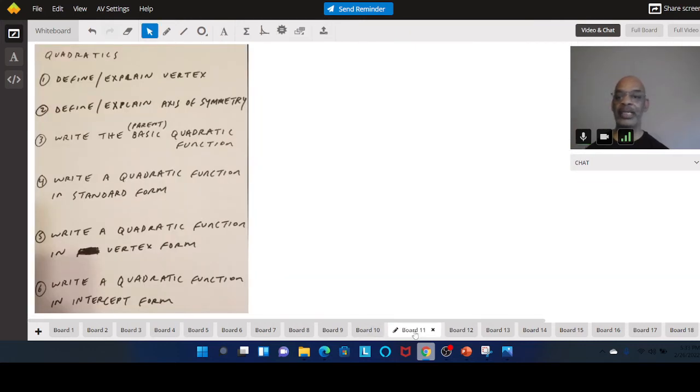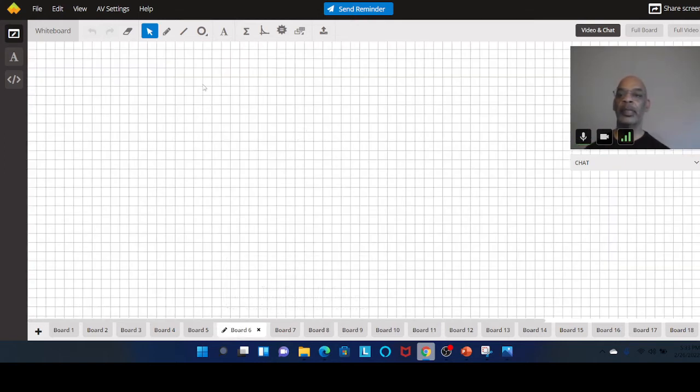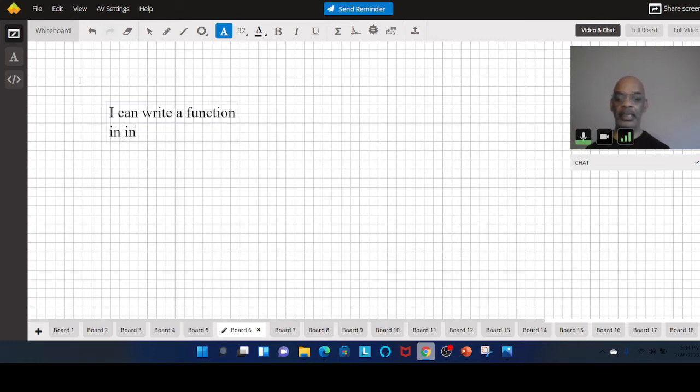Number 6, write a quadratic function in intercept form. I can write a function in intercept form.